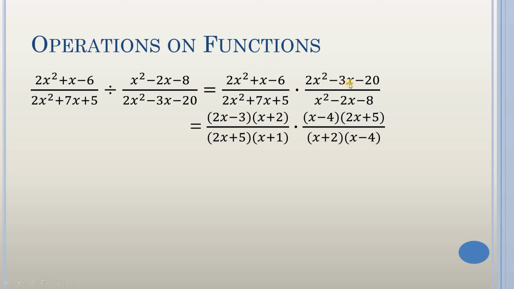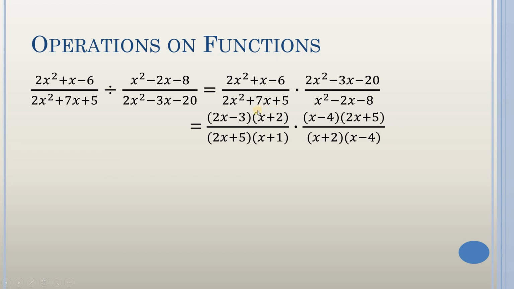Next, yung second numerator, 2x squared minus 3x minus 20, ang kanyang prime factors ay x minus 4, 2x plus 5. Then, denominator x squared minus 2x minus 8, ang kanyang prime factors x plus 2, x minus 4.